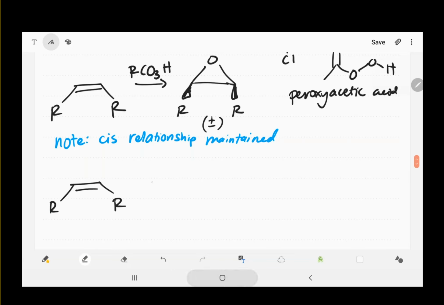Who remembers the product you get from this? Way back when you were talking about that sort of thing. What's the product you get out of this reaction? Even just the name is fine. Anyone remember?